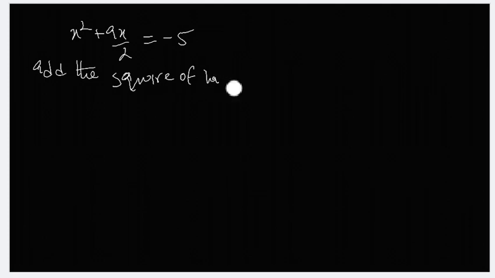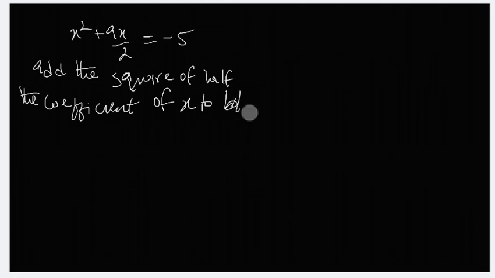Now the next thing you do is add the square of half the coefficient of x to both sides.